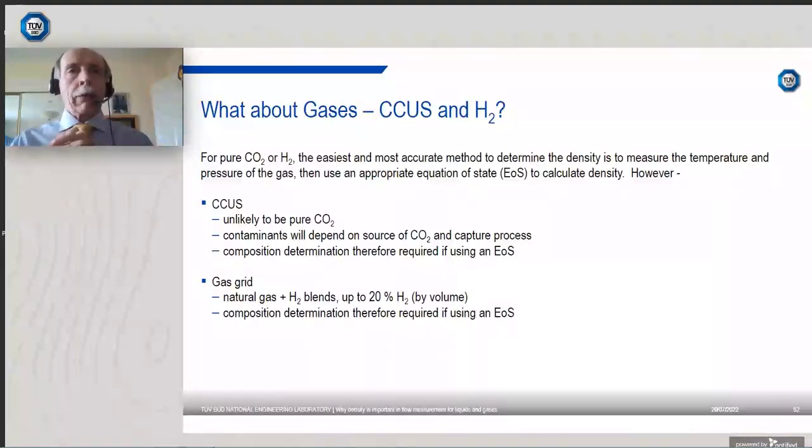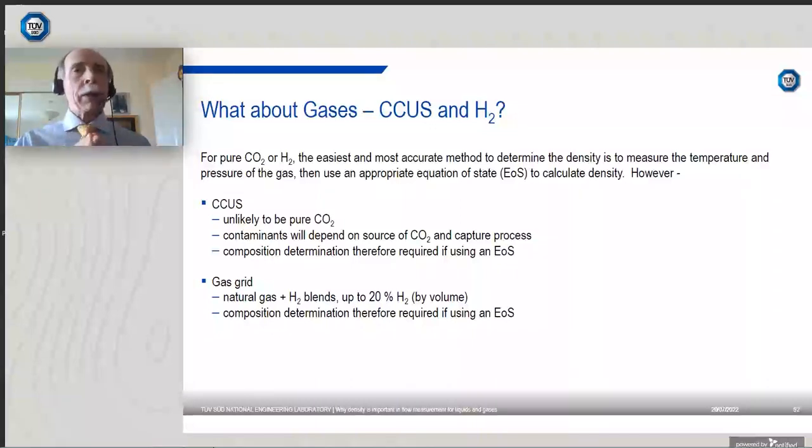So again, a lot of current interest obviously in carbon capture, utilization, and storage, and possibilities of either pure hydrogen or hydrogen blends into the gas grid. Again, for pure CO2 or pure hydrogen, just measure the temperature and pressure and use the best equation of state. For CO2, the Spann-Wagner equation, for example. However, in carbon capture, utilization, and storage, we're unlikely to be dealing with pure CO2.